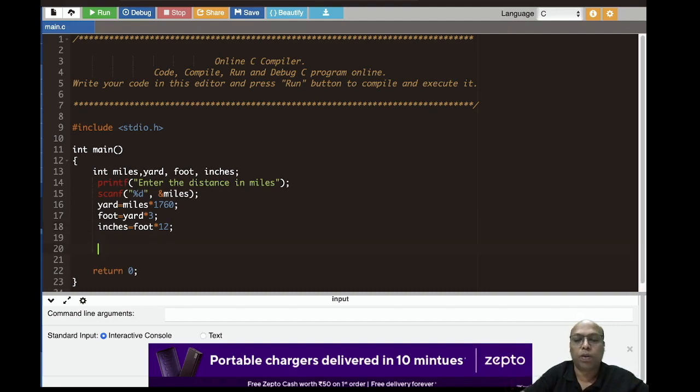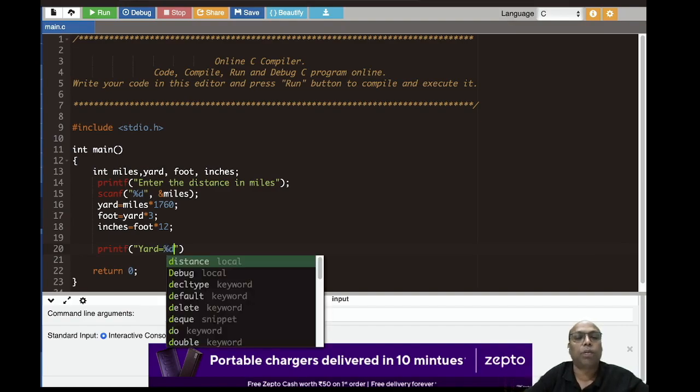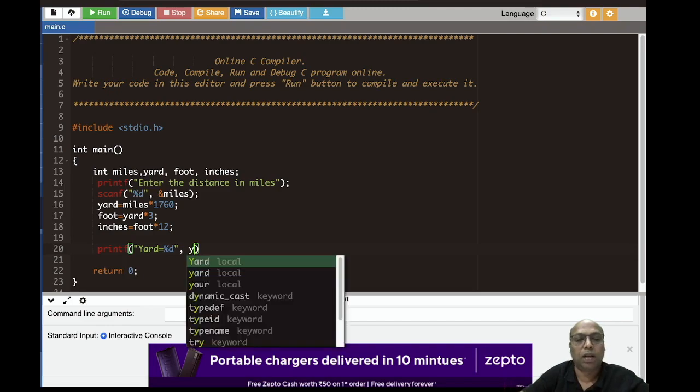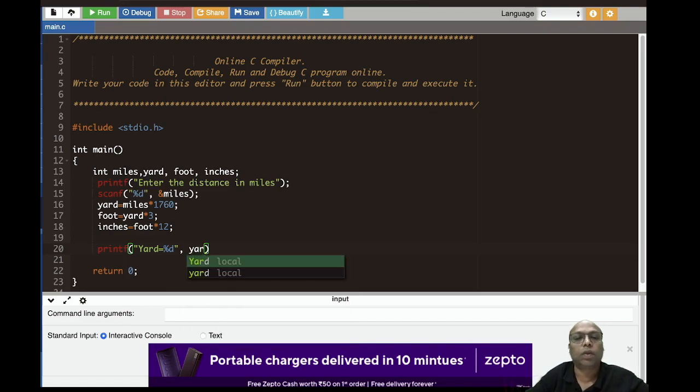Now, what is my output going to be? printf. The printf's output is going to be: yard is equal to, I need to print the yard value. Therefore, I put percentage D and I'm going to put yard here. I'm also going to teach something else in this class.